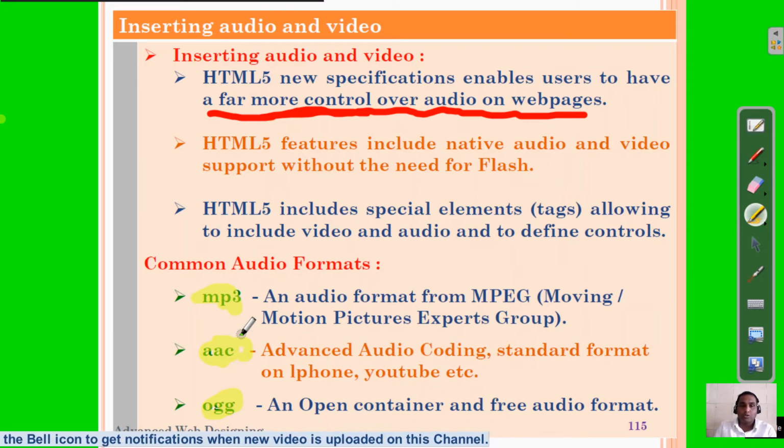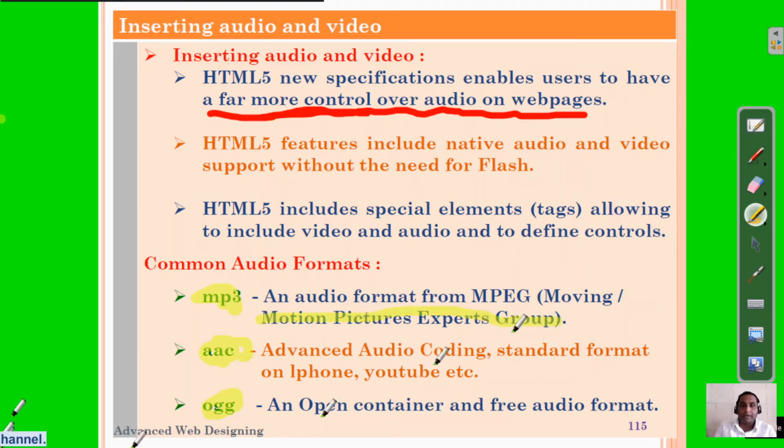Make a note, students. MPEG stands for Motion Pictures Experts Group, or sometimes Moving Pictures Experts Group. This is the full form of MPEG, and from MPEG there are MP3 and MP4. MP3 format and MP4 format are derived from MPEG.